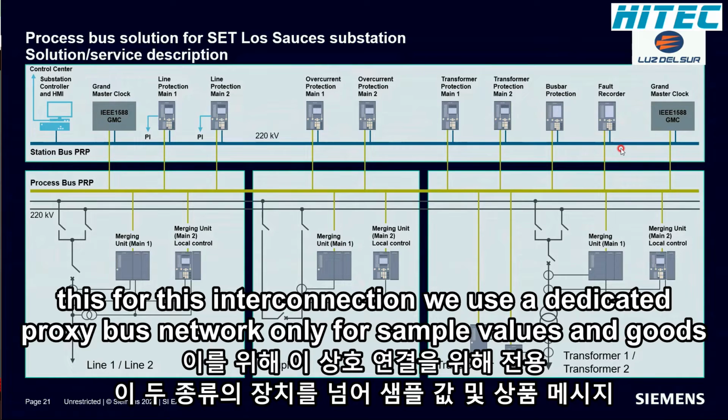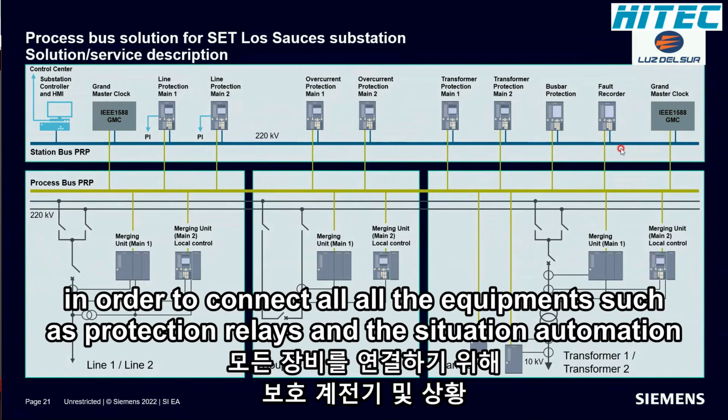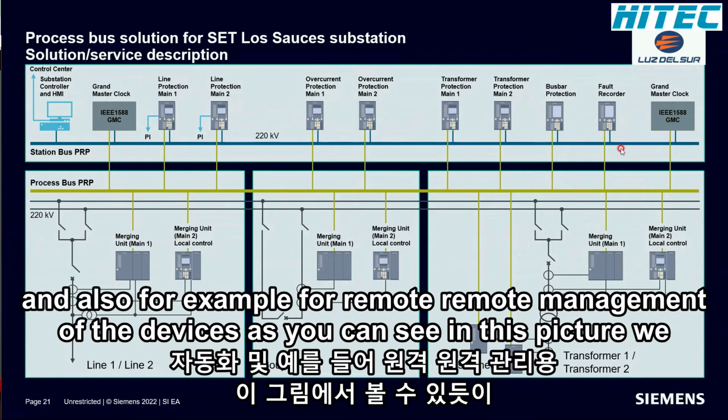For this interconnection, we use a dedicated process bus network only for sample values and GOOSE messages. And also here we have a station bus PRP network in order to connect all the equipment, such as protection relays and the substation automation, and also, for example, for remote management of the devices.